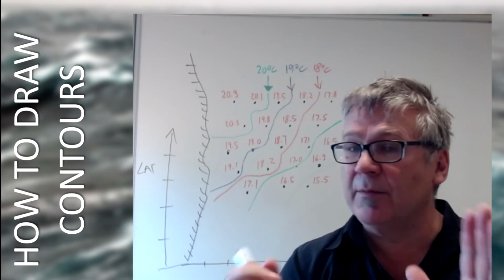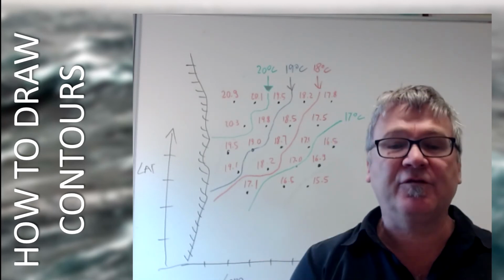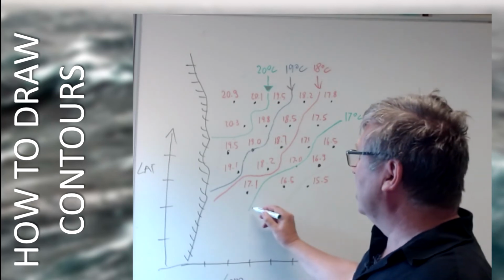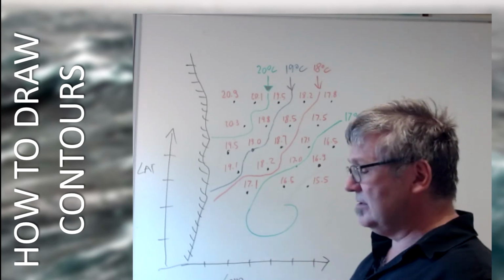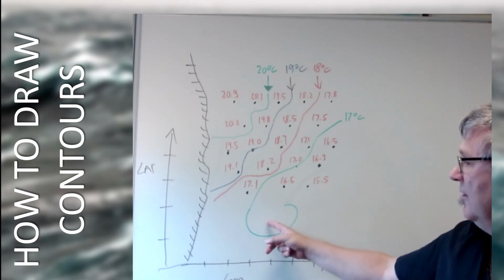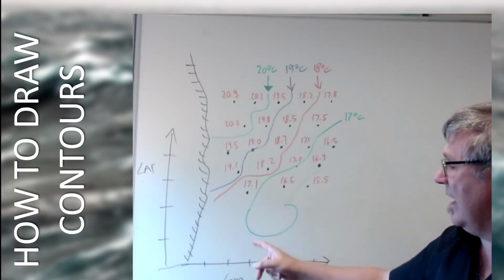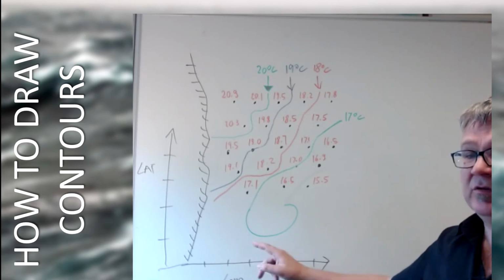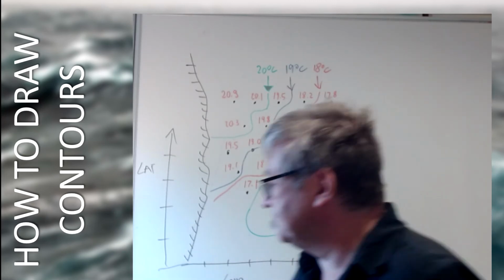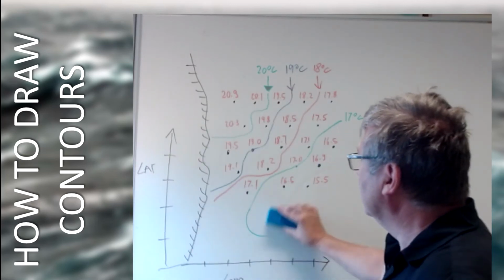You learn already that at the boundaries, you have to just stop. You can't draw circles that run around, because you have no measurements of temperatures on the other side of the line. So you're not allowed to just speculate. So this one would be wrong.